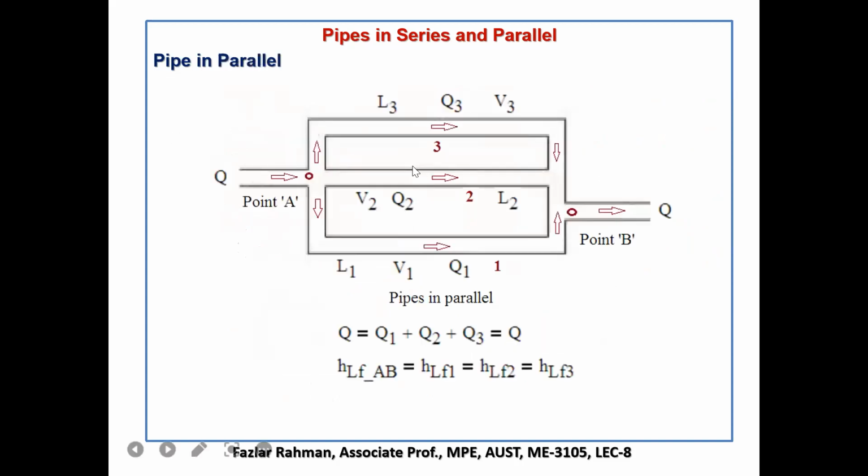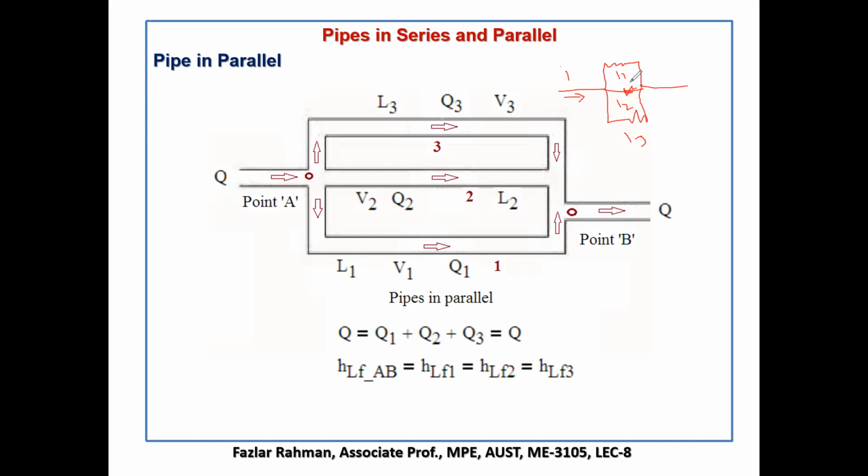Okay. And the other term we'll use: when pipe is parallel, then what will happen? Same thing as in electrical, like you have three resistances in parallel. So in that case, your I passing through right over here, then this will be I1, this will be I2, this will be I3.